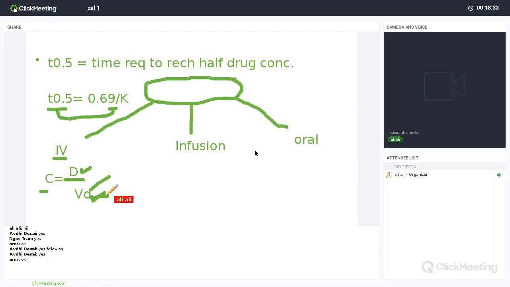So the first one, second one, third one, and the fourth one. Okay, if you find that the volume of distribution value is 3, this means that the medication is attached to the plasma only. If you find a value of 6, this means that the medication has high blood binding.